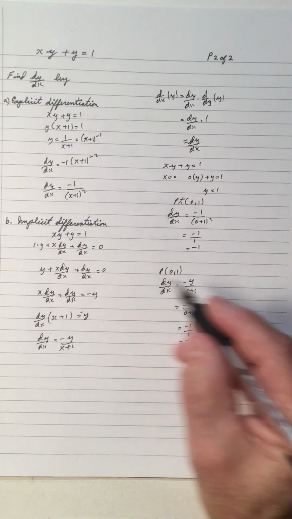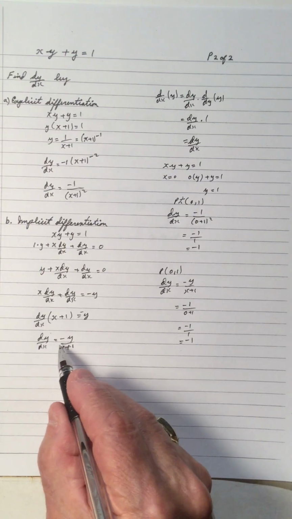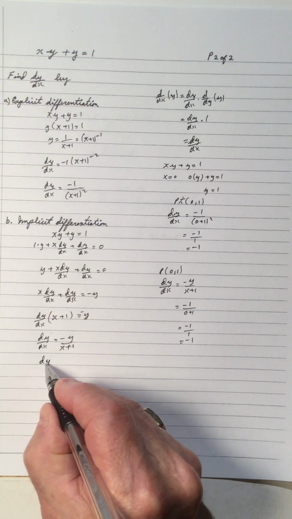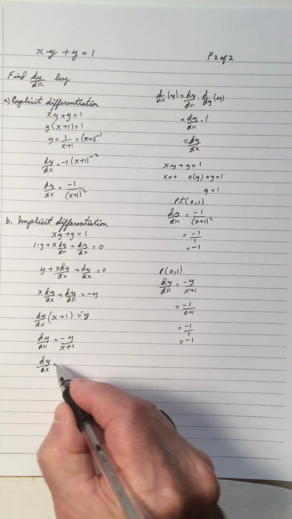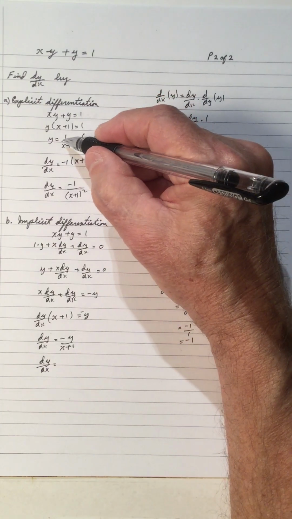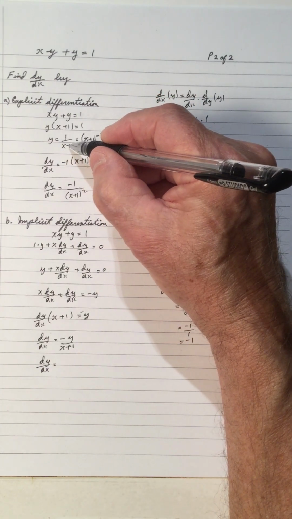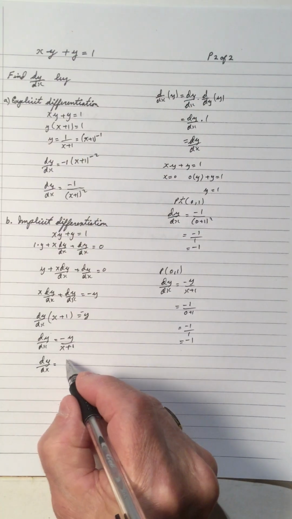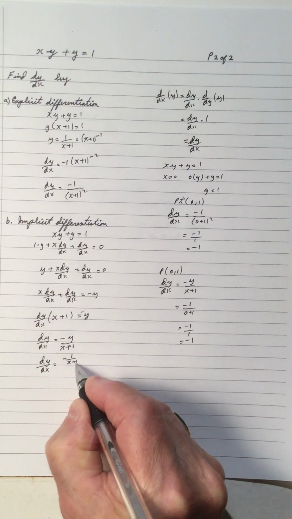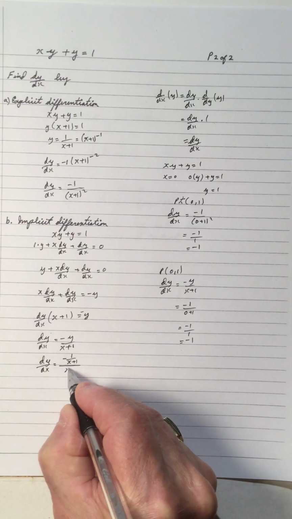Okay, so what does that mean? Well, notice here we have x's and no y's. So if you take the value of y we found earlier, 1 over (x plus 1), and replace y with it, we get negative 1 over (x plus 1) divided by (x plus 1).